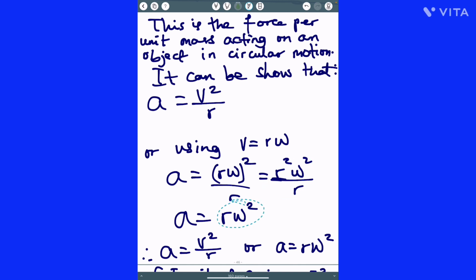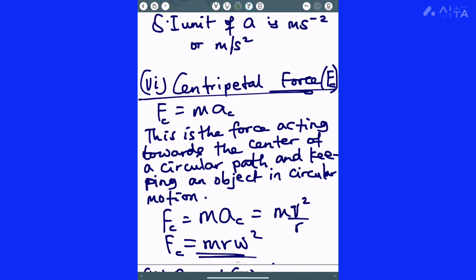You have RW squared. So that means our linear acceleration or centripetal acceleration is RW squared or V squared over R. Take note of that too.